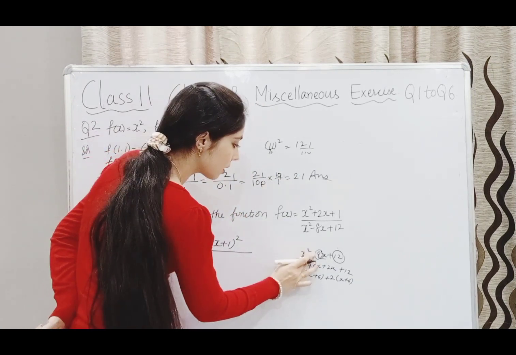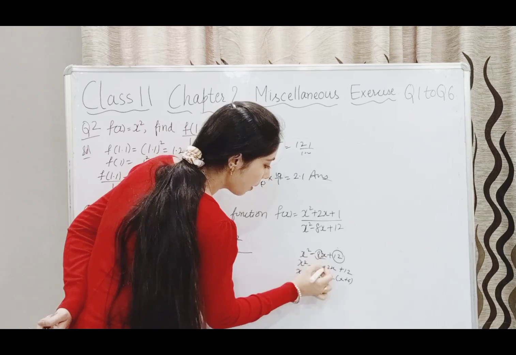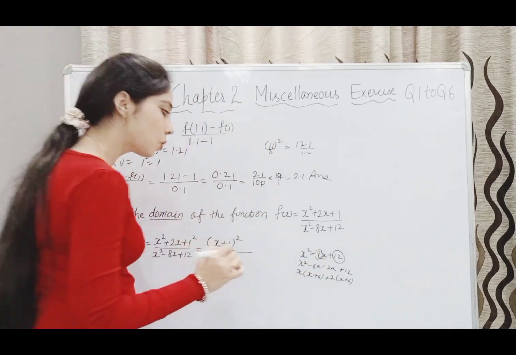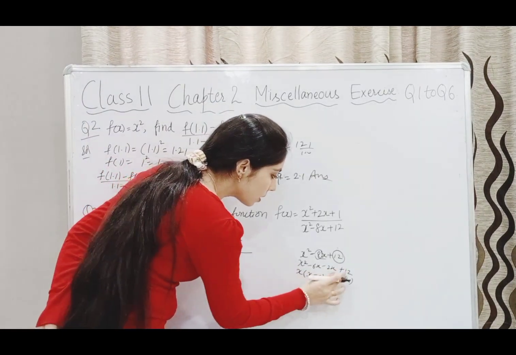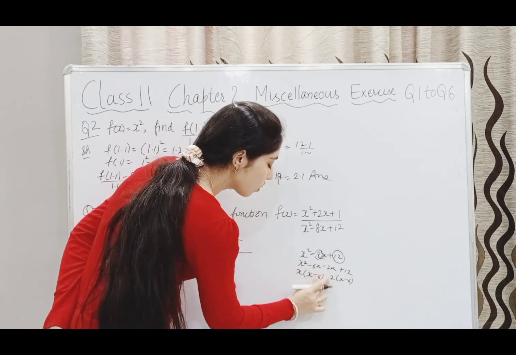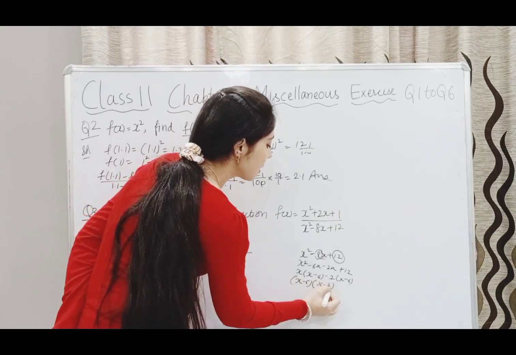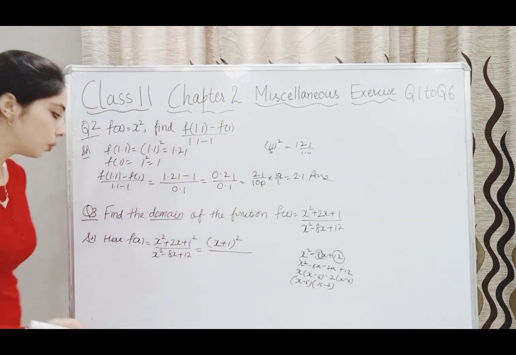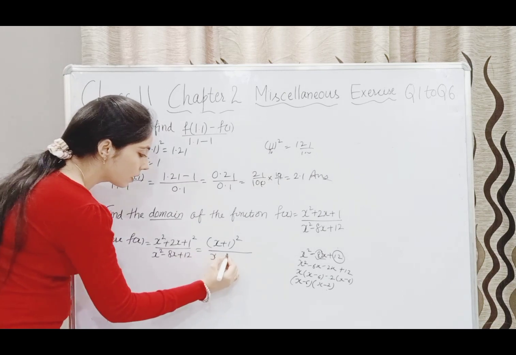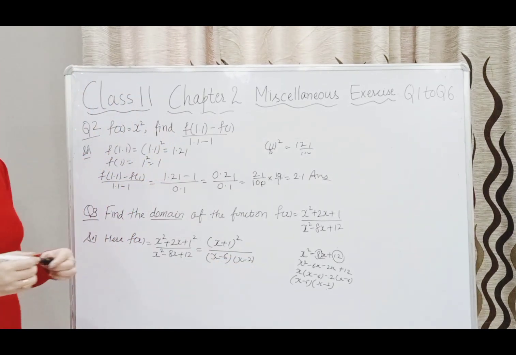But here minus 8 is given, so we have to write minus 6 and minus 2. If we take minus common, the factors will be (x minus 6) and (x minus 2). So we will write (x minus 6)(x minus 2).